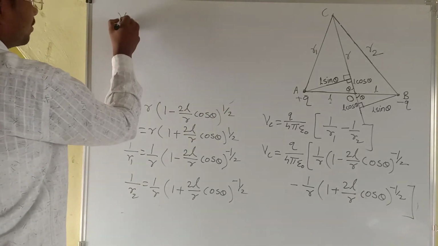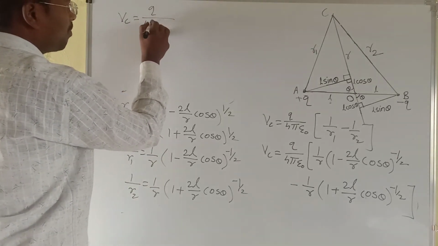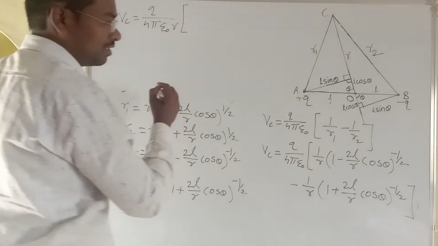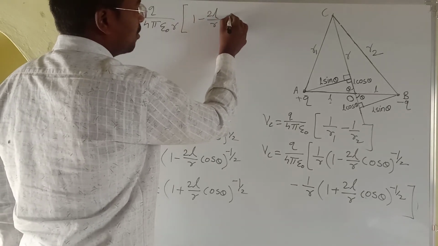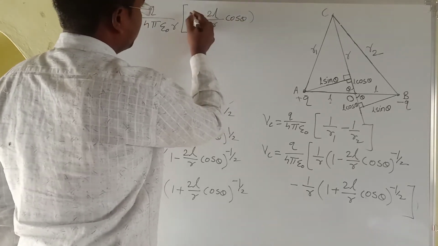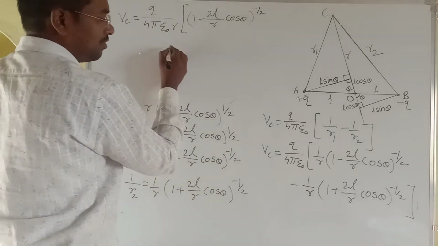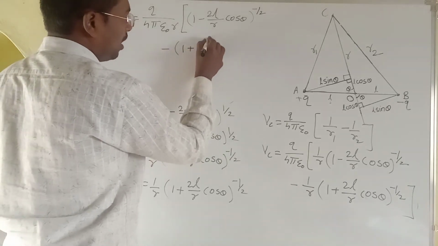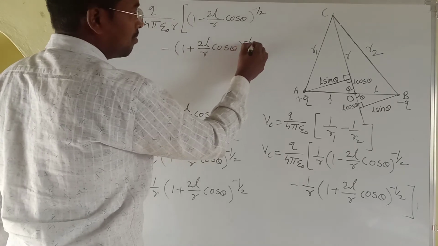So Vc is equal to Q upon 4 pi epsilon naught R, and inside the bracket there is (1 minus 2L upon R cos theta) raised to minus 1/2 minus (1 plus 2L upon R cos theta) raised to minus 1/2.